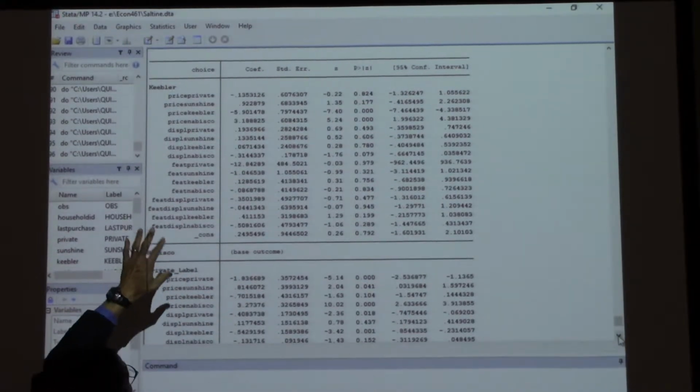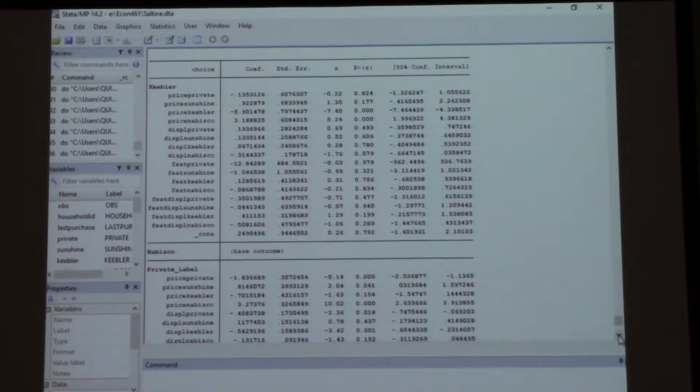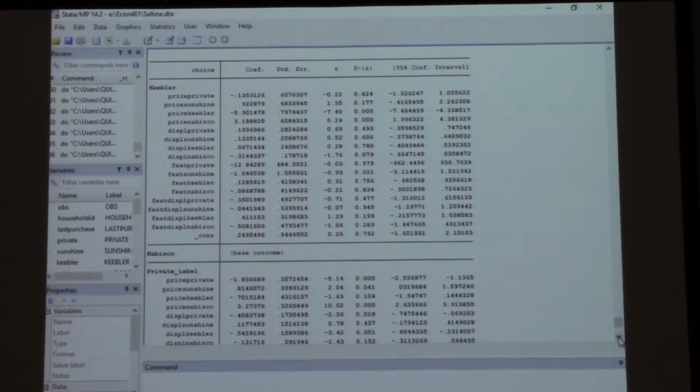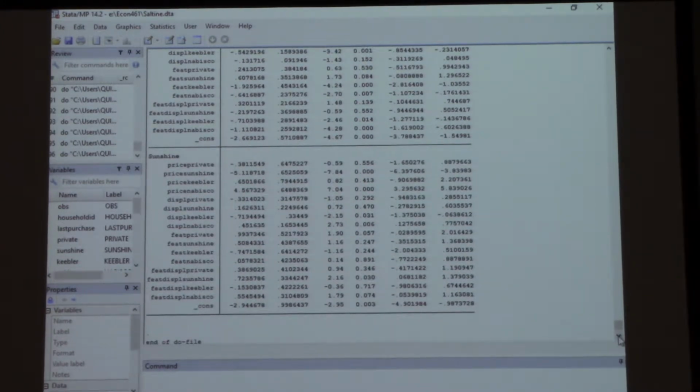Yes. Law of demand holds for Keebler, law of demand holds for private label. We can change the base to look at Nabisco, but we'll probably be happy with it. And for Sunshine, the price of Sunshine is negative and significant. And then we know the own promotional effect should be positive. The cross promotional effect should be negative.